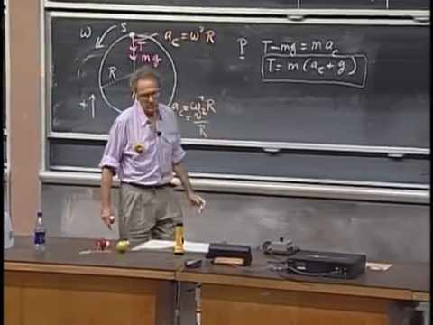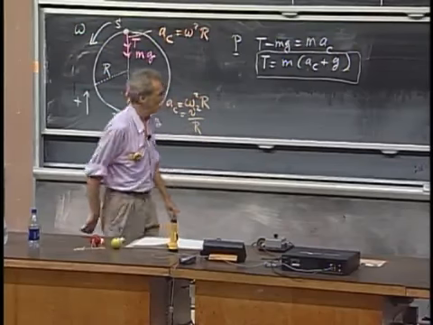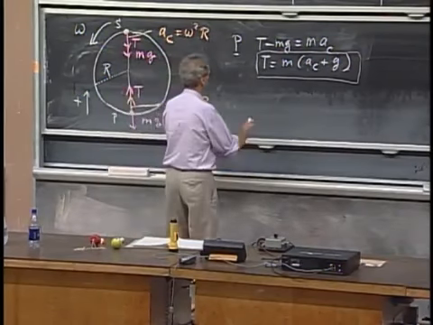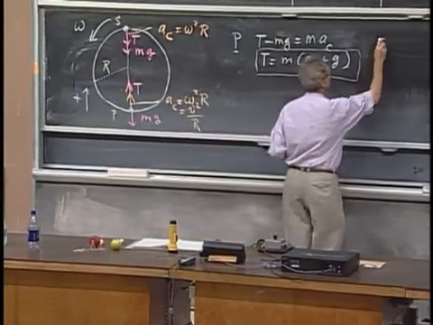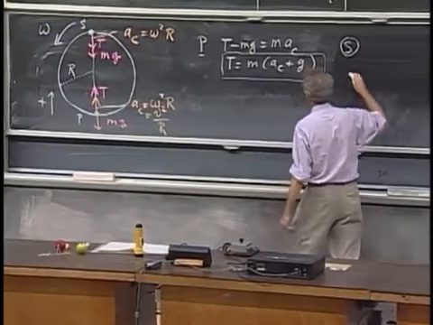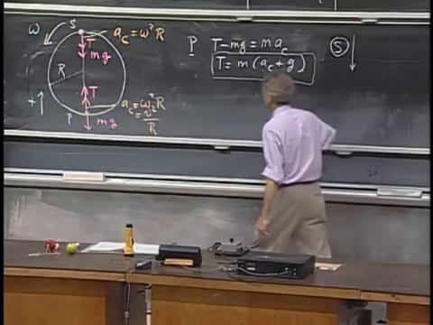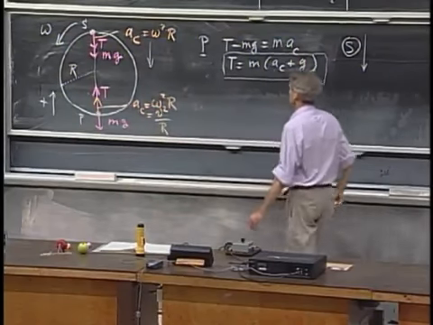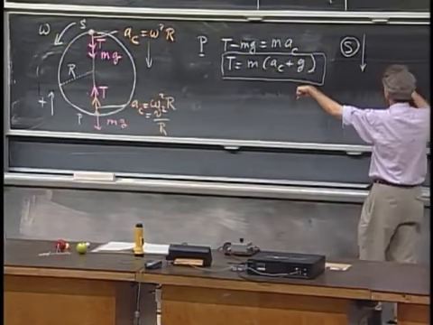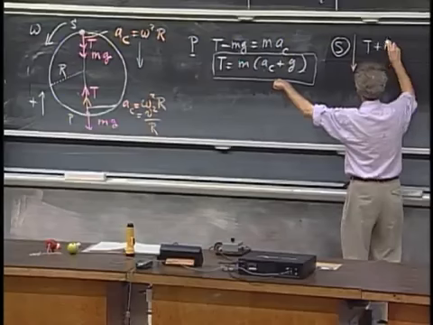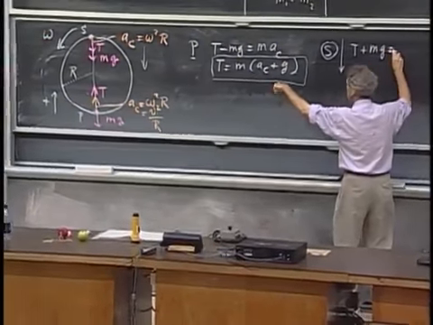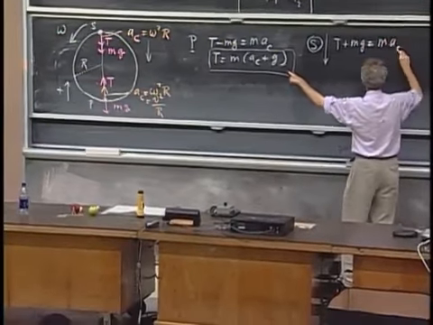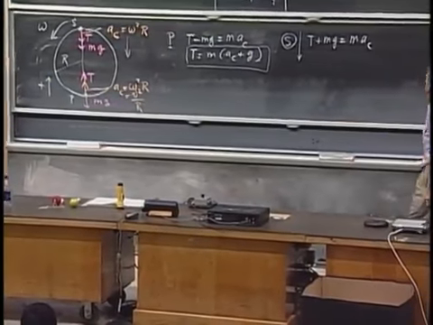Let's now look at the situation at S. At point S, I'm going to call this plus and that minus. I'm going to find that T plus mg must be m times the centripetal acceleration, Newton's second law.